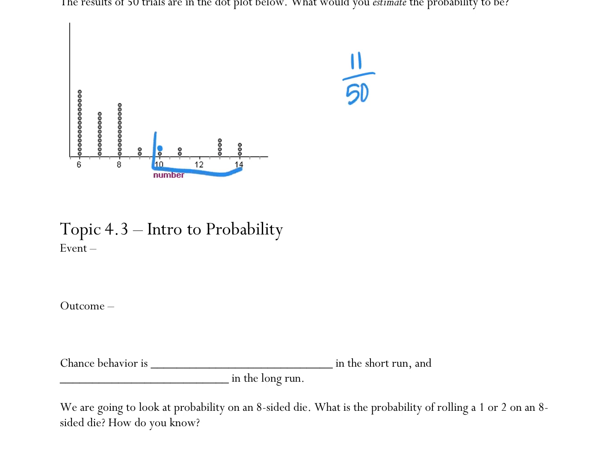Because there are 11 dots that are 10 or more and 50 dots total. So we had a similar context here, but because the question was different, what we recorded from this context was different. And so we need to be paying attention to that kind of stuff.